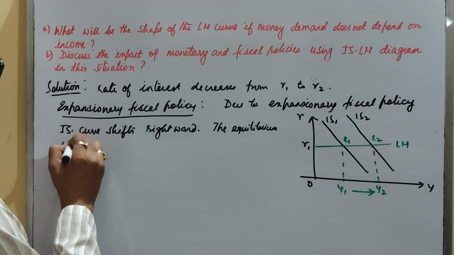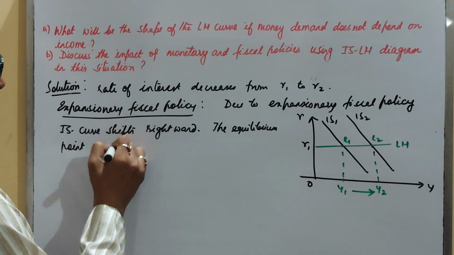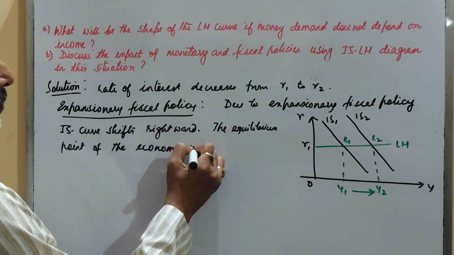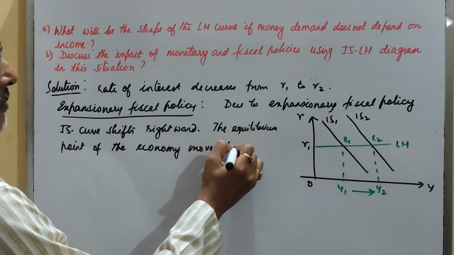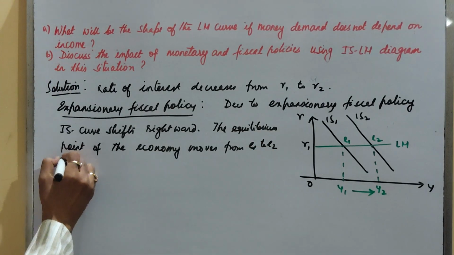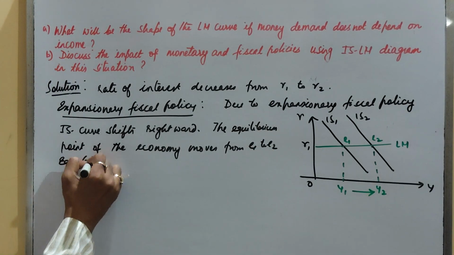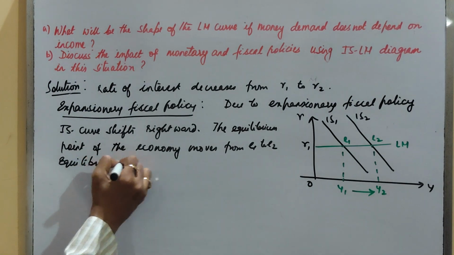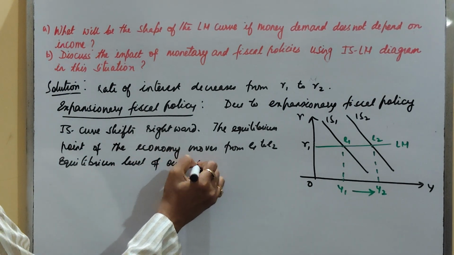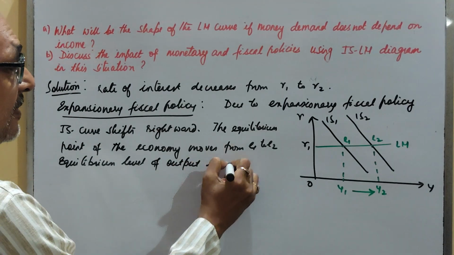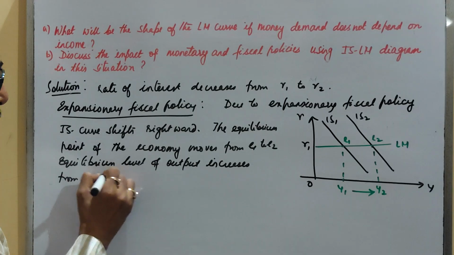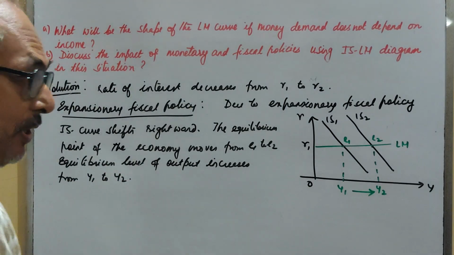The equilibrium point of the economy moves from E1 to E2. Equilibrium level of output increases from Y1 to Y2 and there is no crowding out effect.